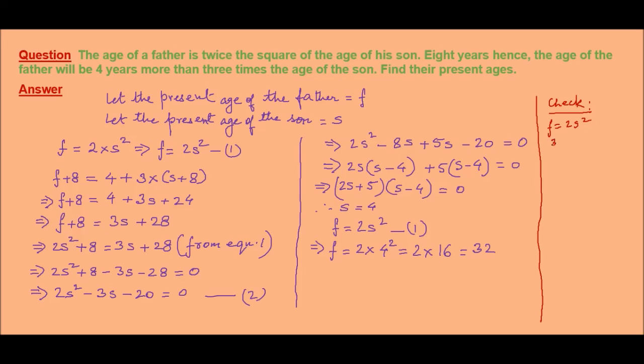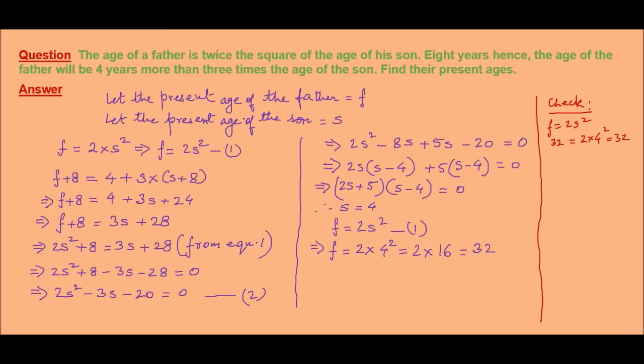We are writing 32 for F and we are writing 4 for S. So it is 2 times 4 squared, which is equal to 32. So the left hand side is equal to the right hand side. Hence our answer is correct. The father's present age is 32 and the son's present age is 4. So the father's present age is twice the square of the present age of the son.